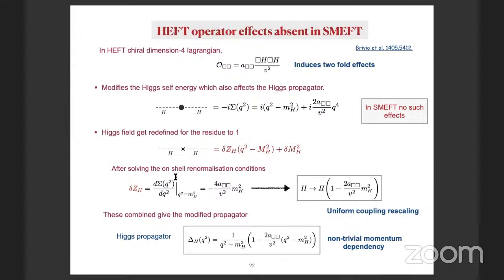After solving the on-shell renormalization condition, we get this Higgs field redefinition, which looks like this. After combining this with the self energy, and after we take the inverse, we will see that the Higgs propagator looks like this, where we can clearly see the non-trivial momentum dependency shown by this Q squared. In SMEFT, no such effects appear.